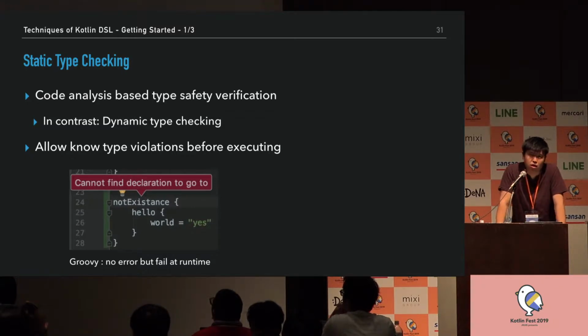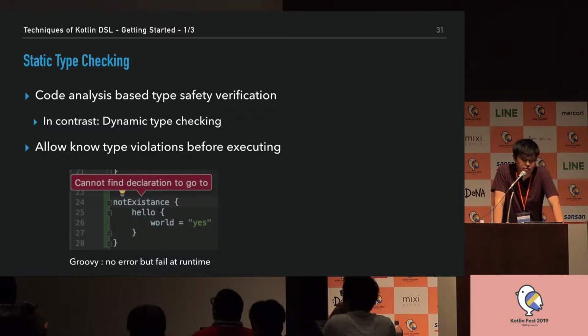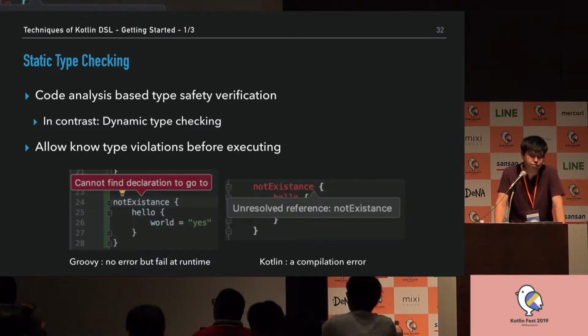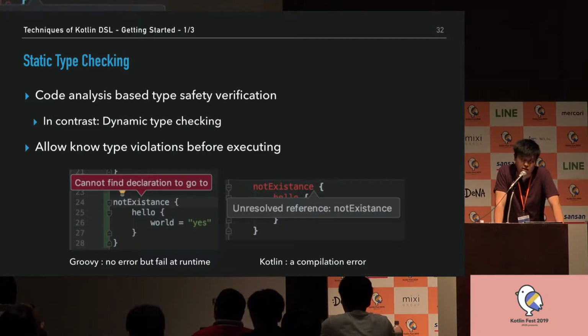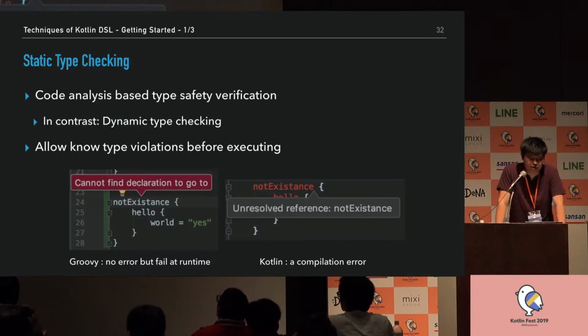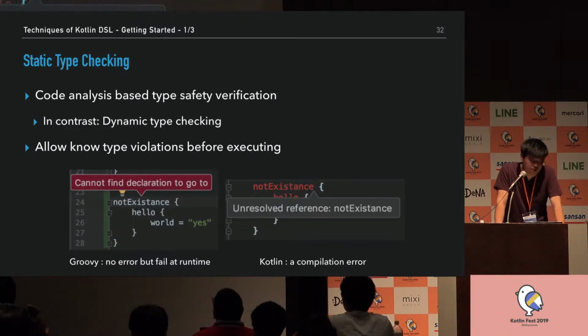However, if we run this, it will fail at runtime due to missing methods. For Kotlin DSL, the compiler can know there is one unresolved method at compile time. So we can see a compilation error, and it's not executable code. This is not syntax stuff, but Kotlin DSL's power, certainly.